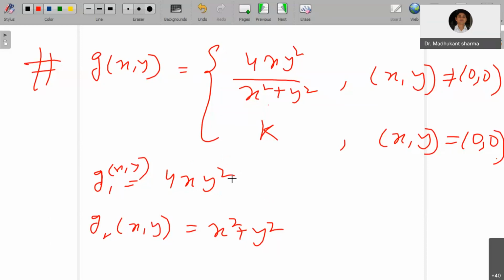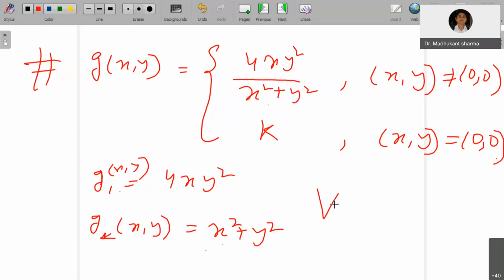Similarly, G2 is again almost a polynomial of degree 2. I'm not saying it's a polynomial of degree 2, but it behaves like that. It's a nice function, so it's going to be continuous, which you can verify easily.